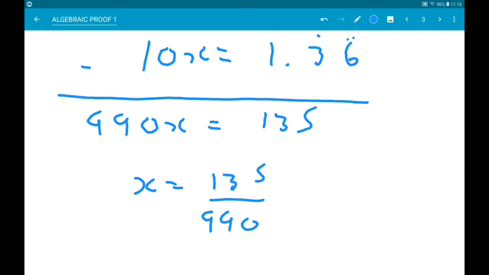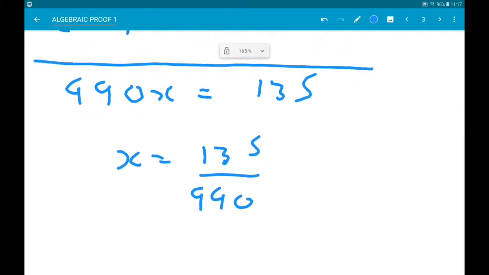Now, the next thing we'd want to do is simplify this fraction. Given that it's on a calculator paper, you could stick it into your calculator. I'm going to try and do it without. So, we have a common factor of 5. So, 135 divided by 5 is 27. 990 divided by 5 is 198.